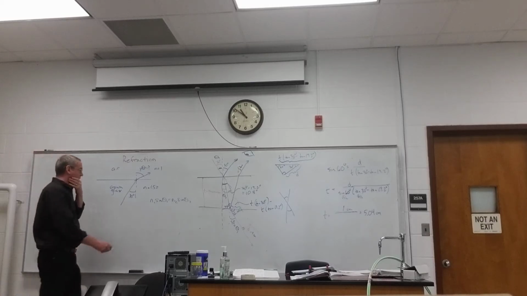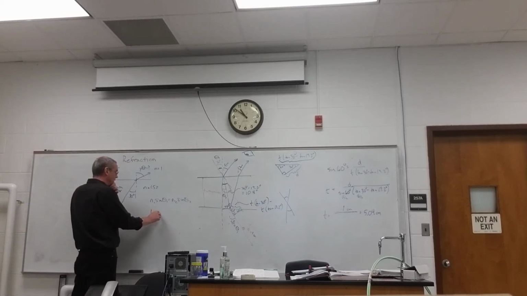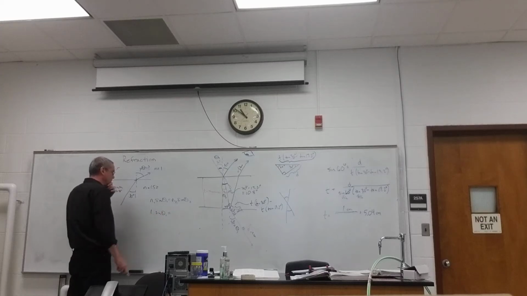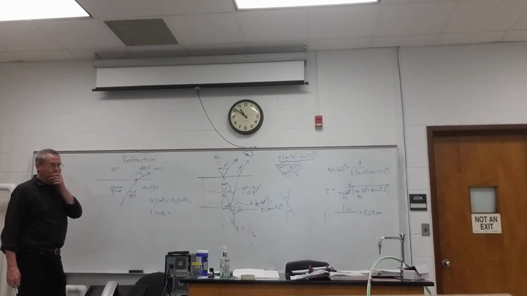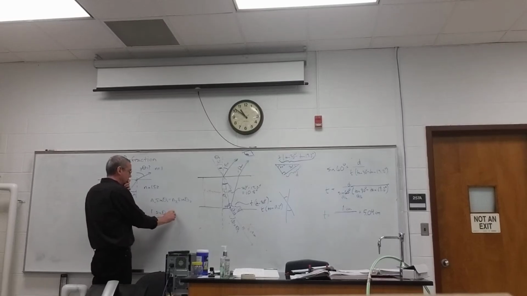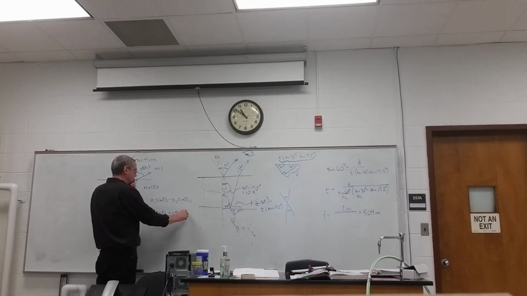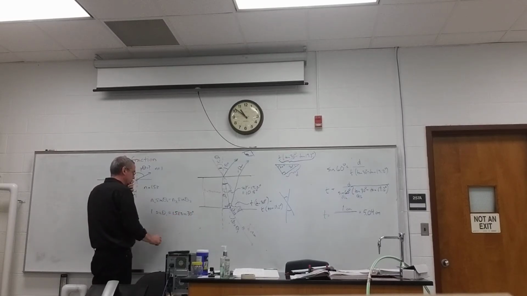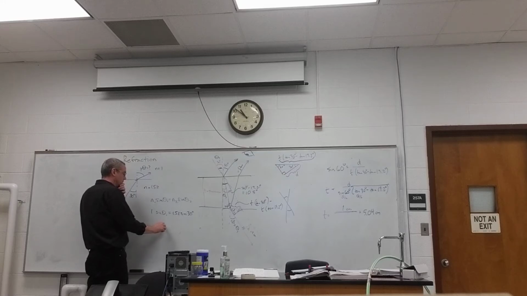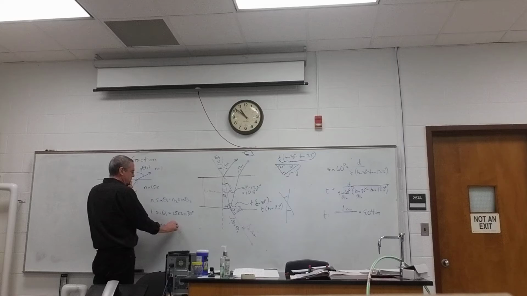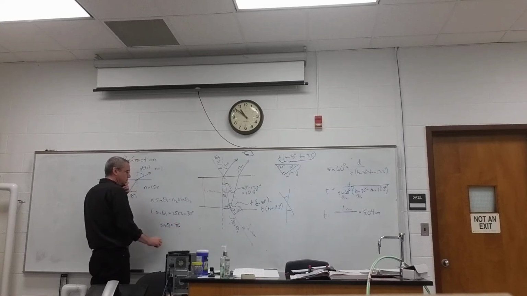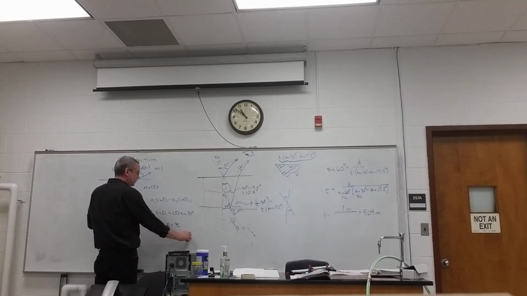Okay, so I have 1 times sine theta 1 equals 1.52 sine 30 degrees. So sine theta 1 is equal to 0.76. So theta 1 is the arc sine of 0.76.